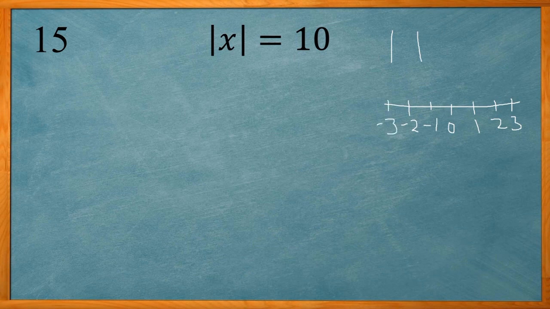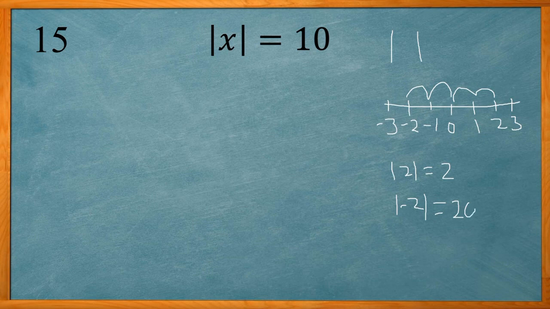If I want to know the absolute value of 2, how many units am I away from 0? If I look here, 1, 2, so I'm 2 units away. If I look at the absolute value of negative 2, I'm also 1, 2 away from 0.